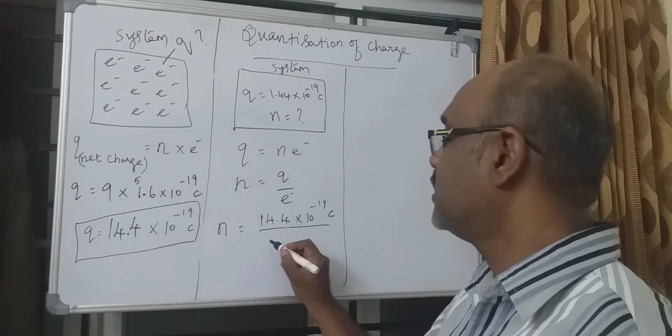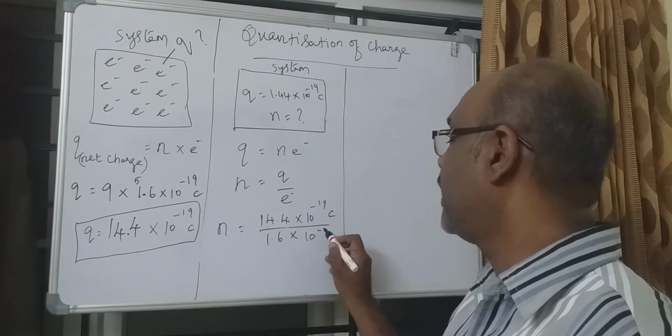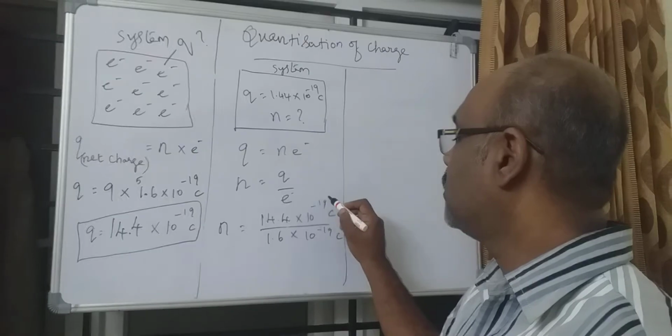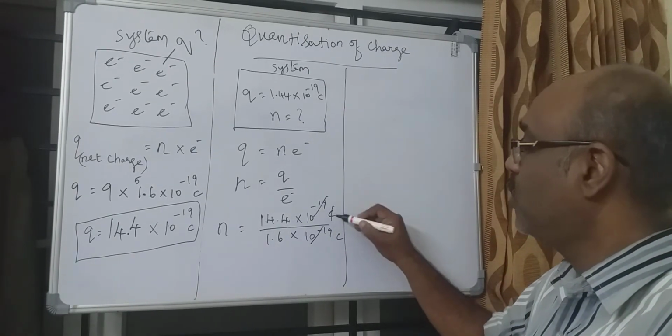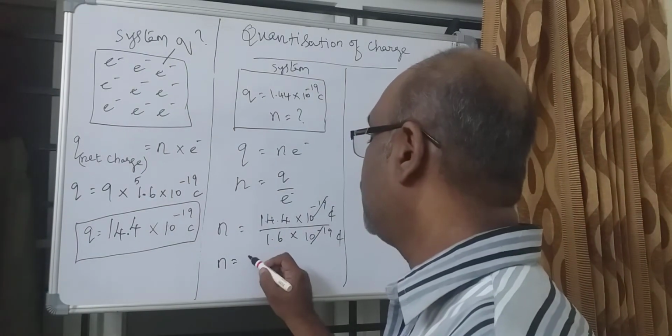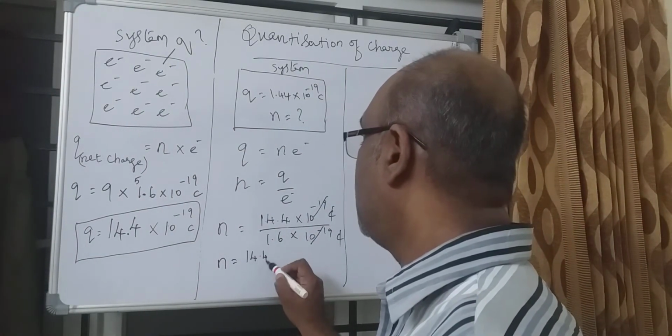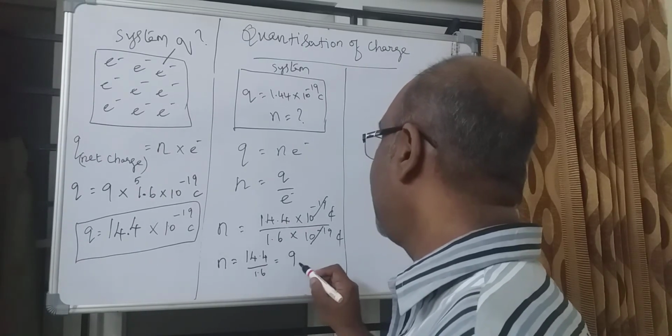We know that it is 1.6 into 10 to the power of minus 19 coulomb. So 10 power minus 19 cancels, coulomb gets cancelled. So n is equal to 14.4 divided by 1.6, where you are getting the answer as 9 electrons.